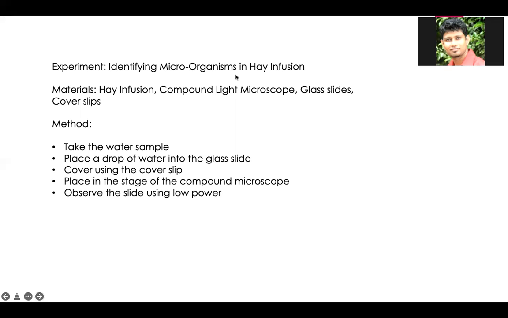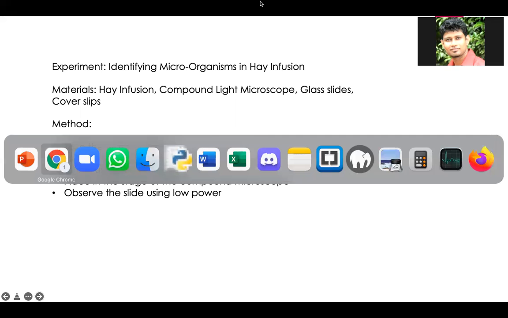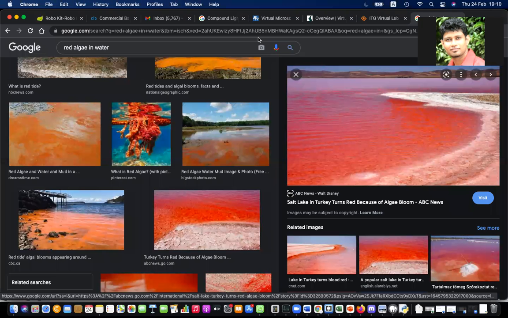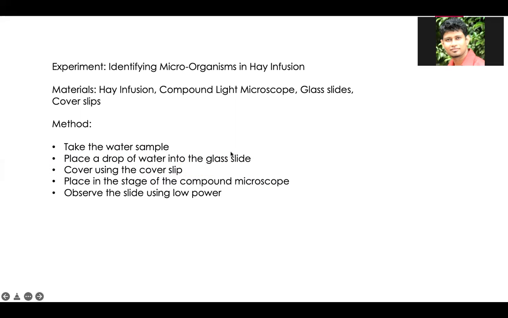Let's say you keep the slide as it is without cleaning. Then right after that, you put it into a new experiment.